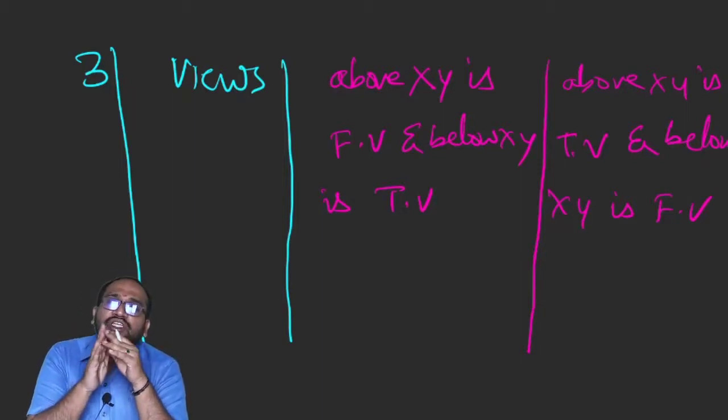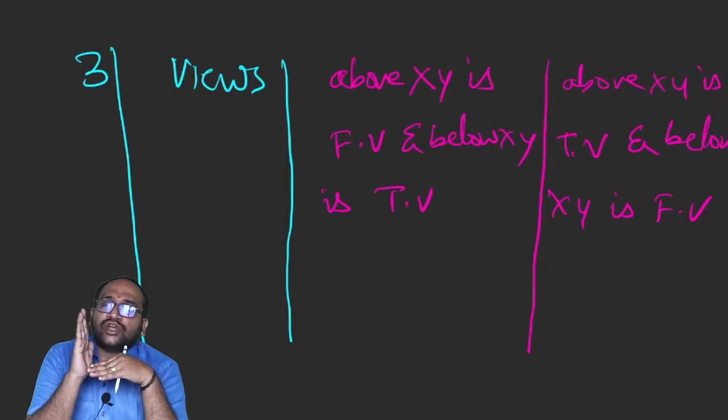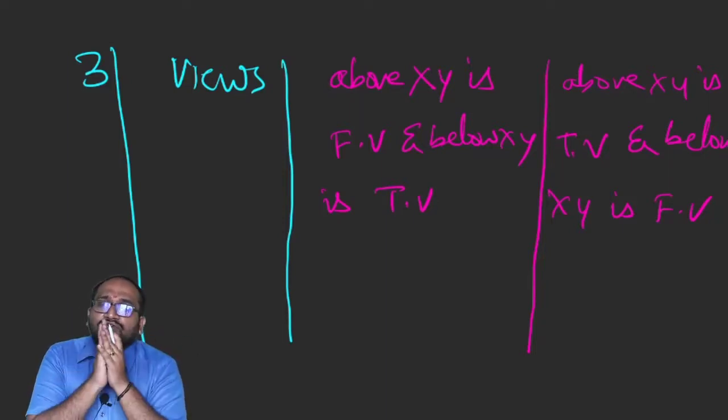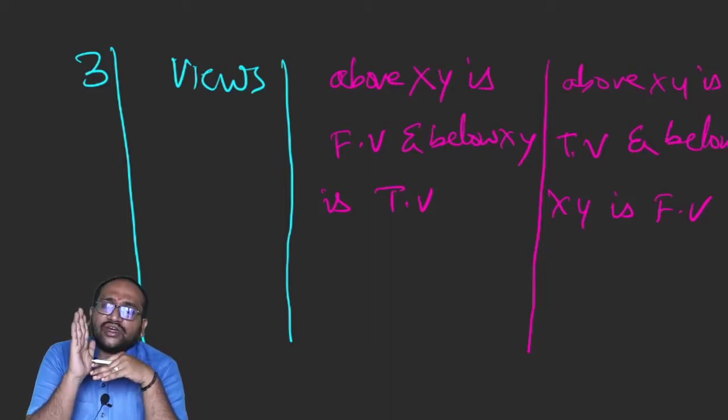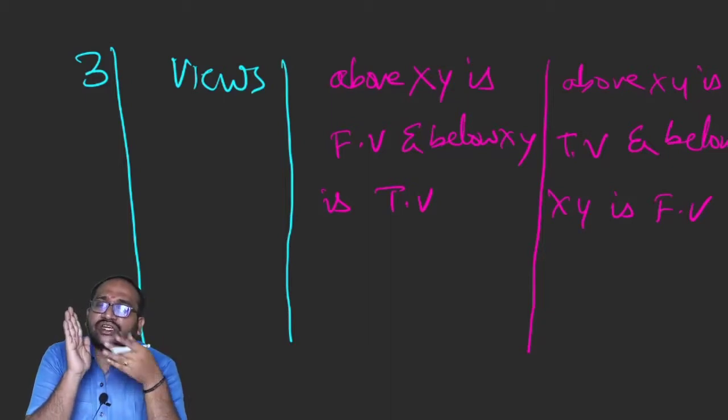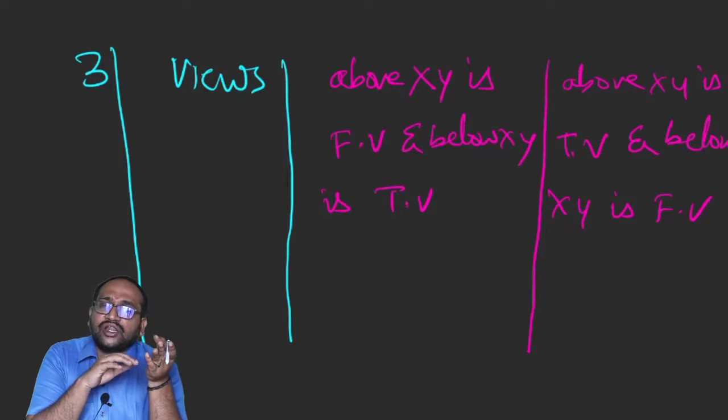Our principle is we are fixing the vertical plane, rotating the horizontal plane clockwise 90 degrees. If you rotate the horizontal plane clockwise 90 degrees in first angle projection, above XY will be the vertical plane, below XY will be the horizontal plane.